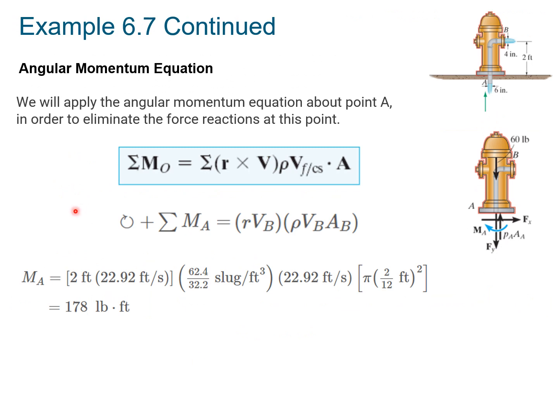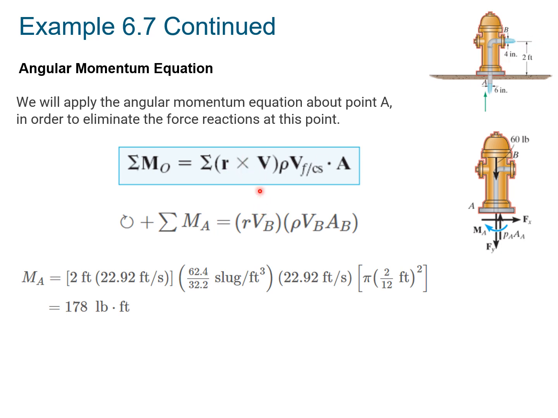So finally, we can apply the angular momentum equation about point A here. So we eliminate the force reactions at this point. We have the general equation we showed in the first couple of slides. So R cross V, where R is the distance from here to there, so it's 2 feet. And then we'll have the R times V_B term, where R is up and V is this way, so R cross V is at 90 degrees.